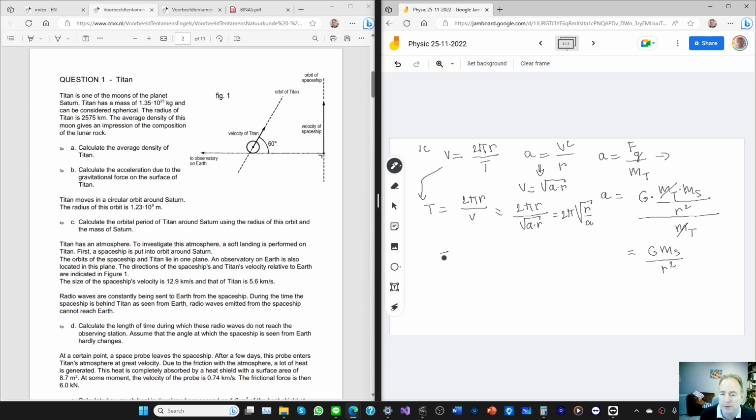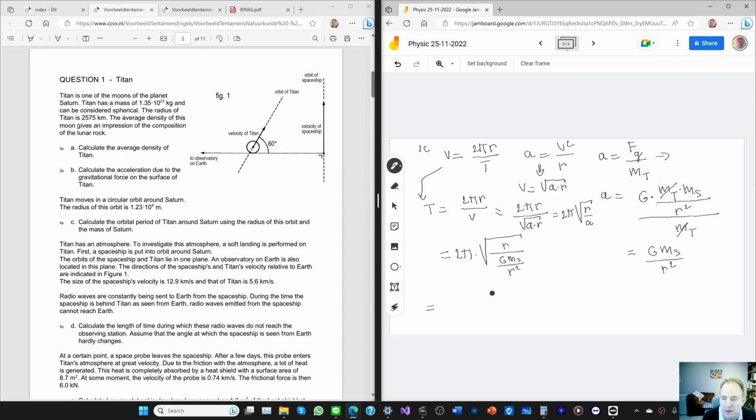And now I'm going to substitute the expression we have here for acceleration. So it's 2 pi times square root r divided by this thing. Okay, let me write it out. Divided by G, mass Saturn, divided by R squared.